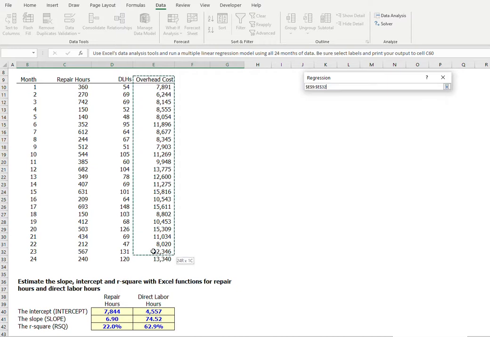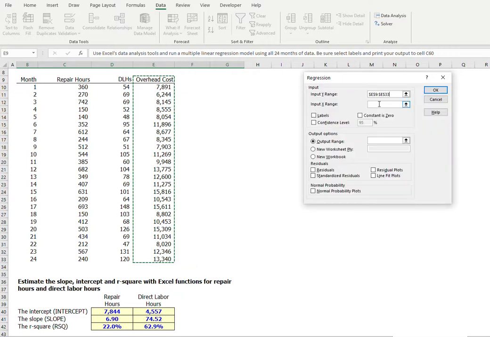We're trying to predict overhead cost. Again, I included the label row up in row 9, and our input range, repair hours, and direct labor hours. And I've got labels, and I'm going to put my output. We've been instructed to put it in cell C60.